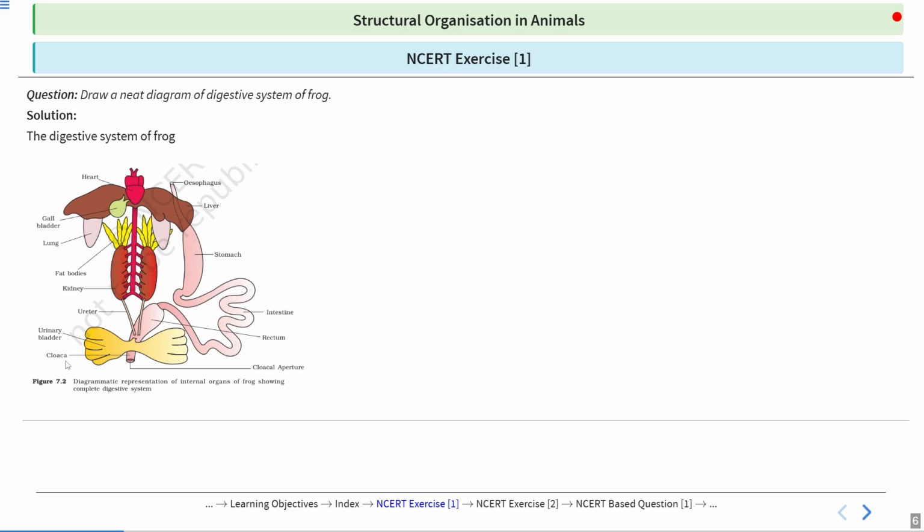Cloaca. And this cloaca is a very unique feature of the frog. This cloaca opens to the outer environment, and the external opening is called the cloacal aperture. And we all know that in the mouth, the food is not digested. In humans, digestion starts in the mouth.